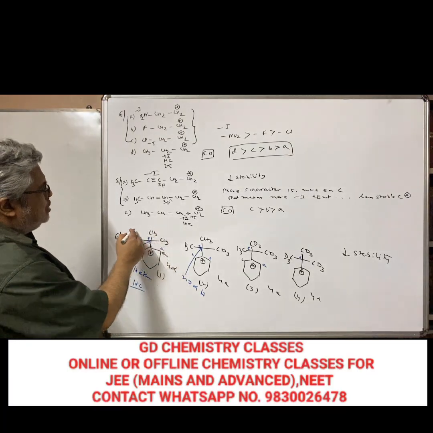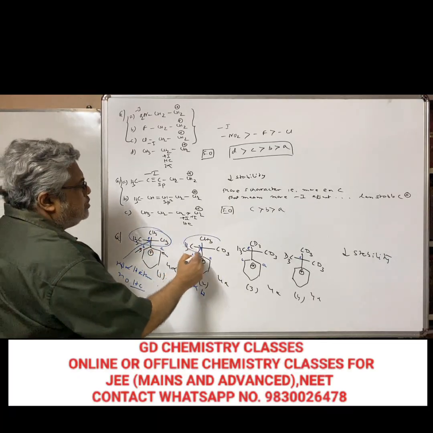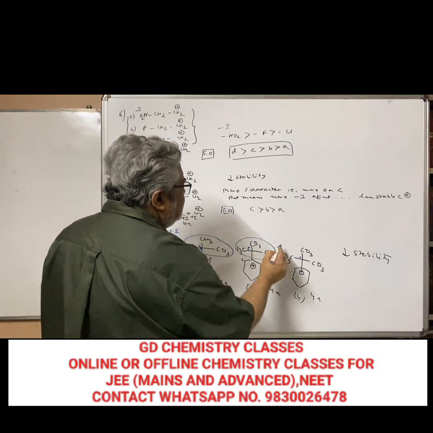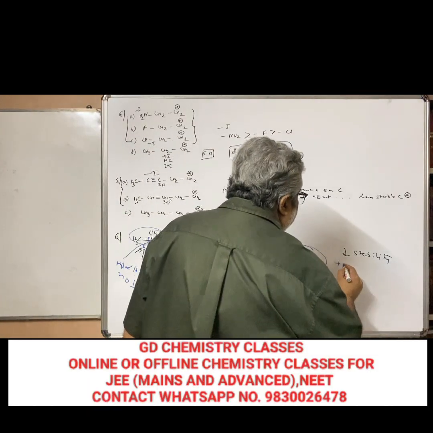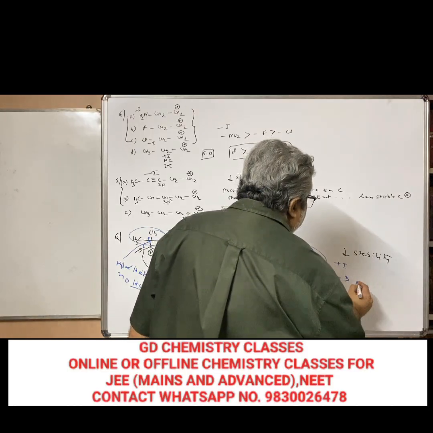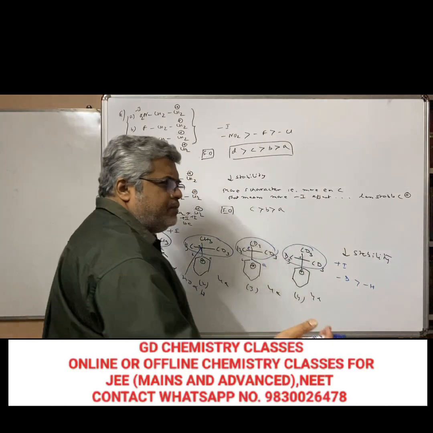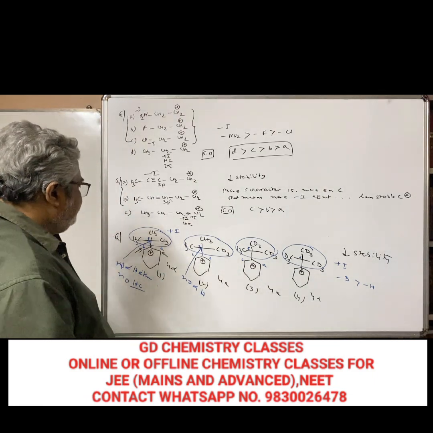So this particular portion is only exhibiting plus I effect, and so is this, and we already know the plus I effect of deuterium is greater than hydrogen, for which the inductive effect is actually 0. It is the reference scale.